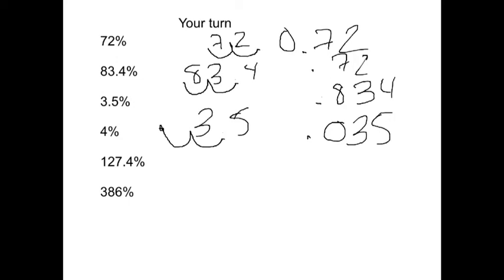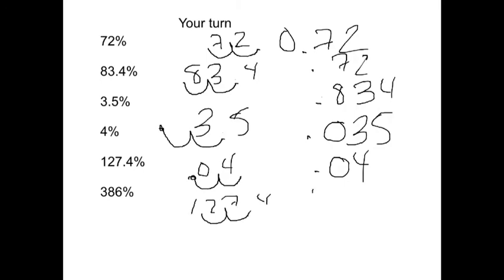0.035. 4%. Drop the percent sign. Replace it with a decimal. 2 places to the left. Put a 0, because there's an empty spot. 0.04. 127.4%. I already have a decimal. I'm going to use that decimal. Move it 2 places to the left. 1.274. 386%.